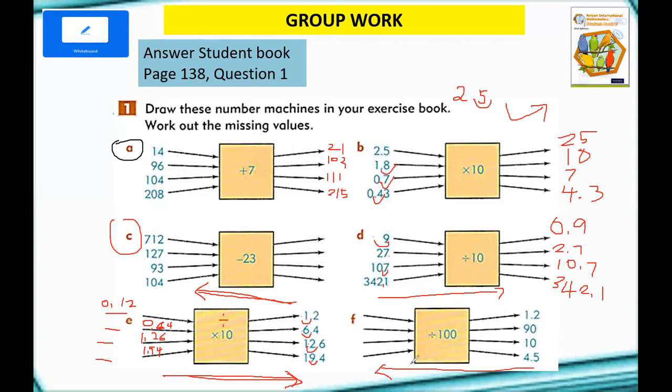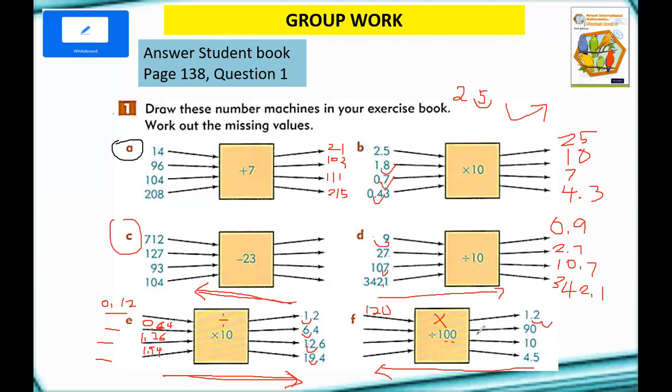Okay, so meaning we are going to multiply. Understood? So 1.2 times 100. So we are going to move how many times when we are dividing by 100 or multiplying by 100? We are going to move our decimal 2 times to the right because this is multiplication now. So 1 and 2. Therefore, the answer here is 120.